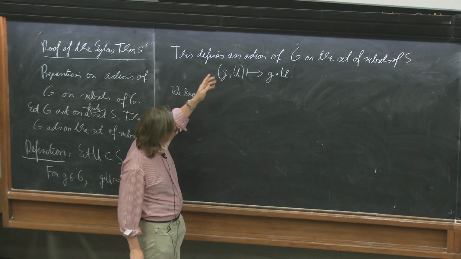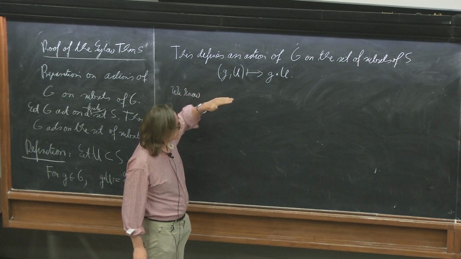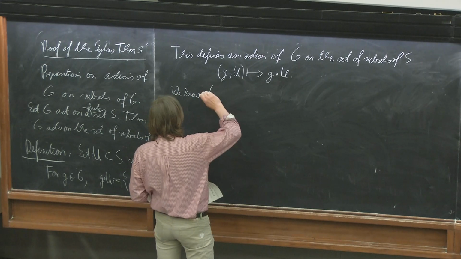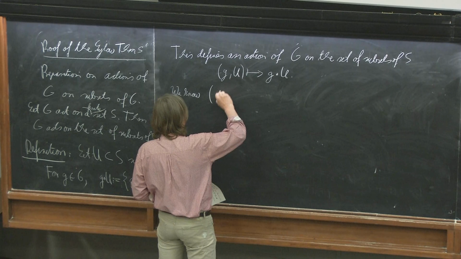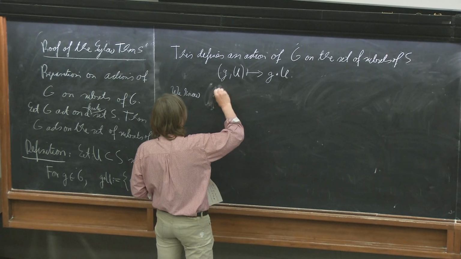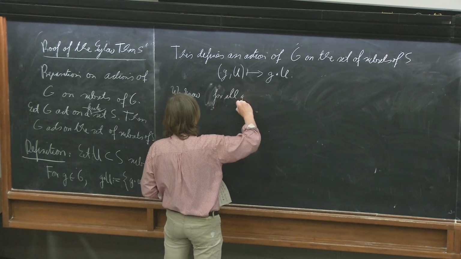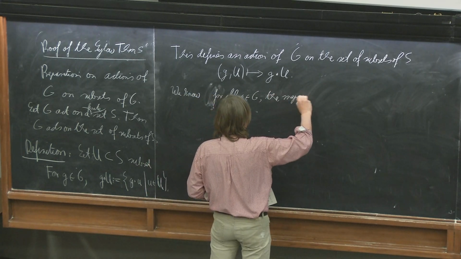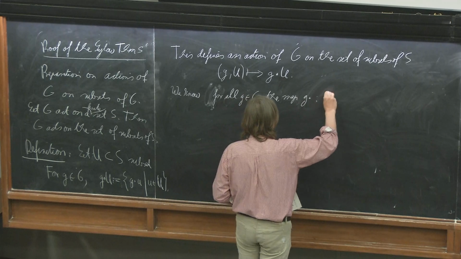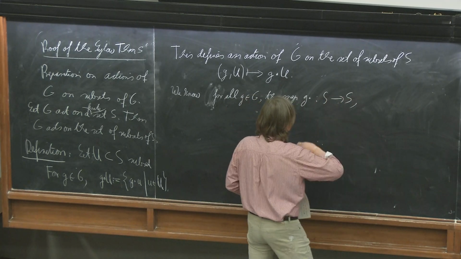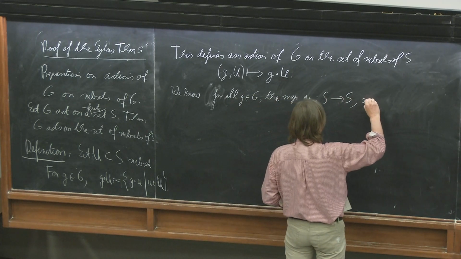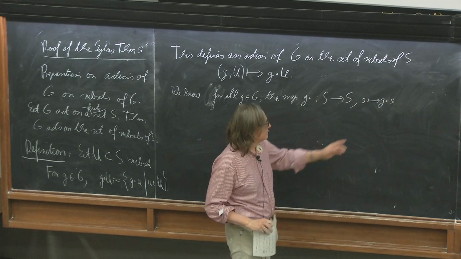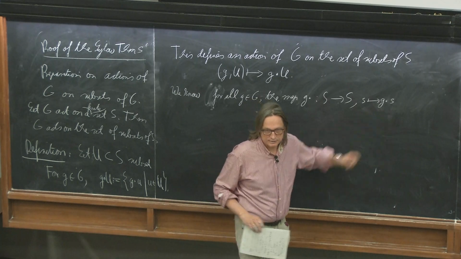So for all g in G, the map from S to S which sends a small s to g times s is a bijection, because the inverse is given by multiplying by g to the minus 1.